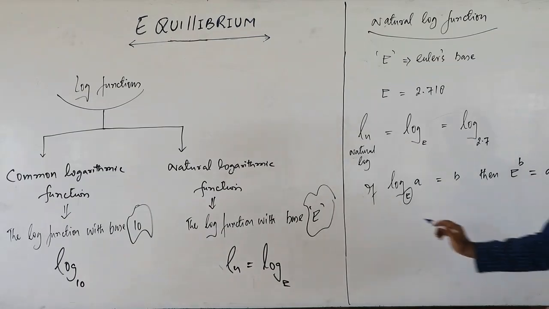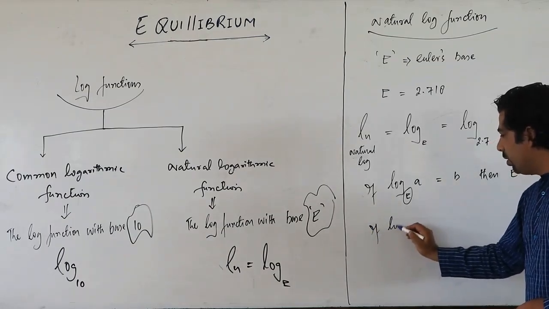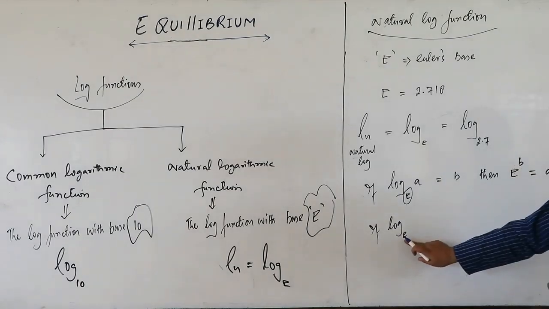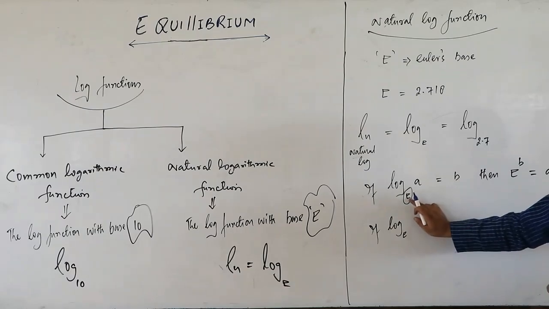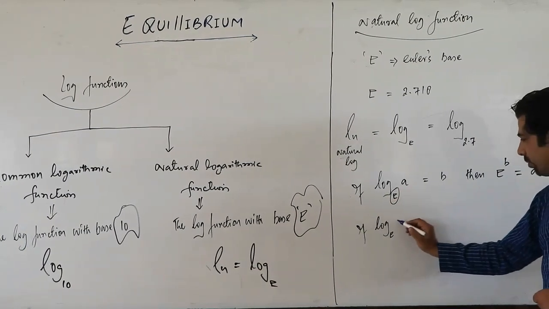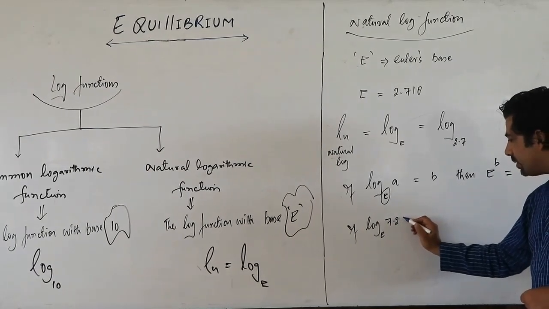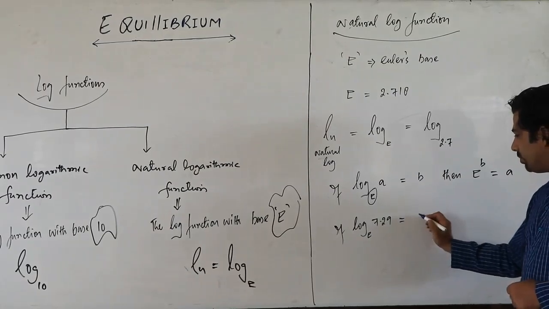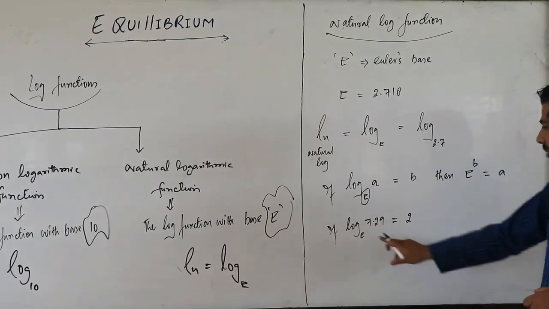Okay. Now let us simplify it further. If log with base e, and we know that base e is 2.7. So in place of e we can write down 2.7 also. So let me write down here, we will find it for 7.29. It's equal to 2. So what is my expression?